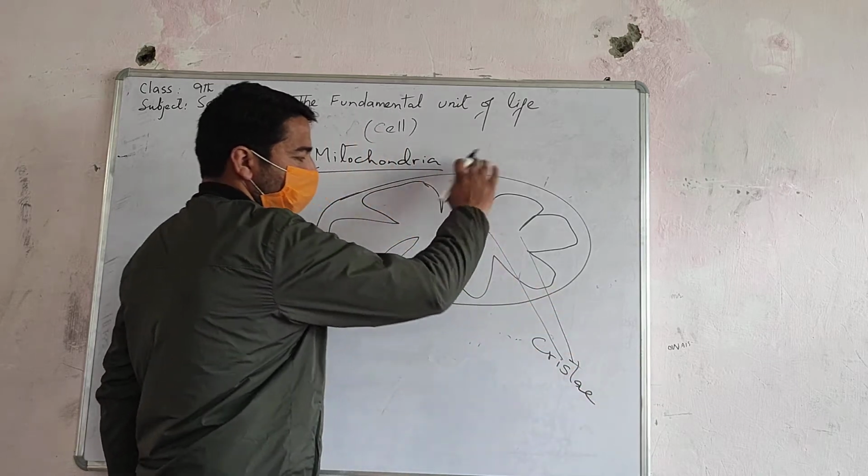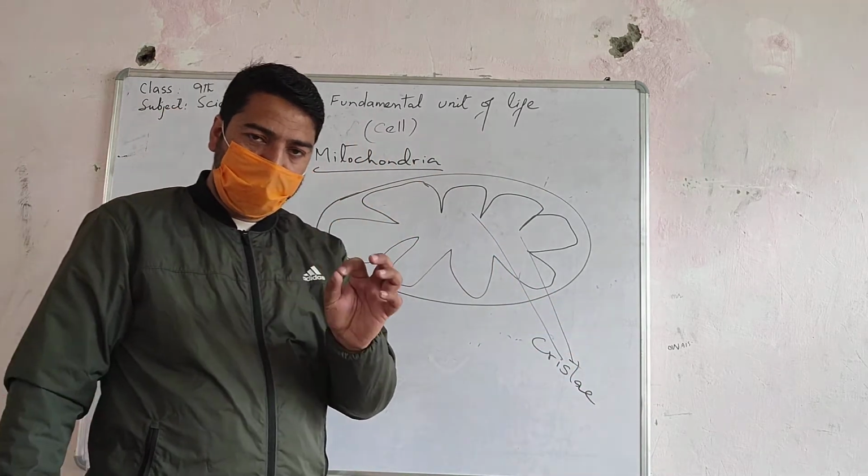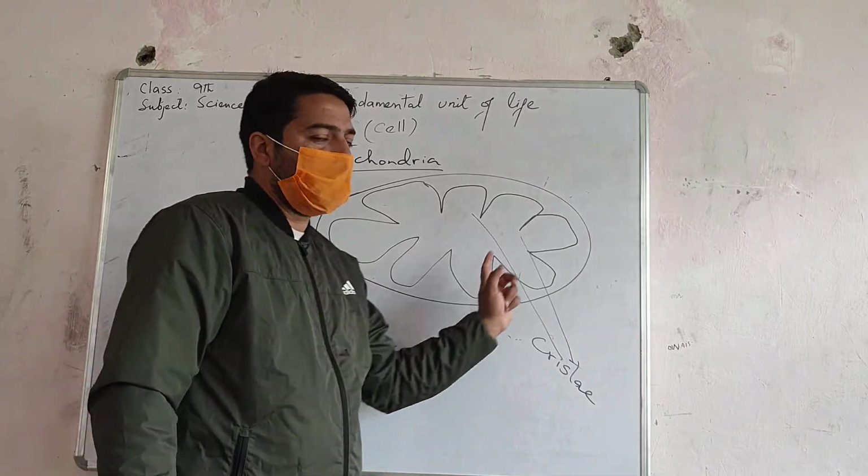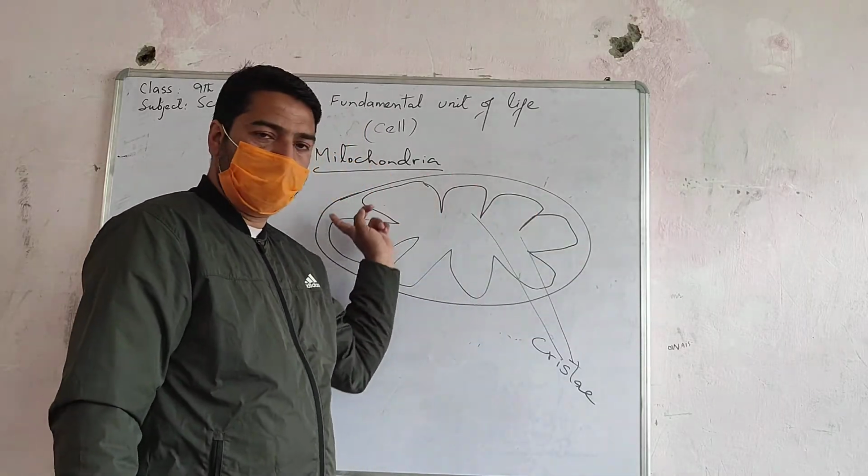So, this mitochondria has a double membrane structure. The outer membrane is smooth.